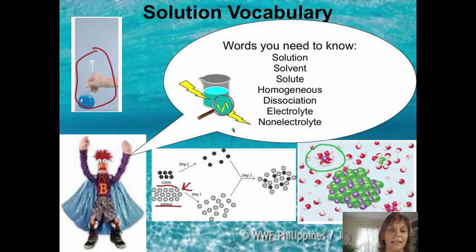An electrolyte is something that will conduct electricity, helps your muscles, and sends signals through your nervous system, and it's important to have enough electrolytes. If you are drinking just sugar water, not an electrolyte, it's not going to conduct electricity because sugar is molecular and is not going to form ions or charged particles in the solution.